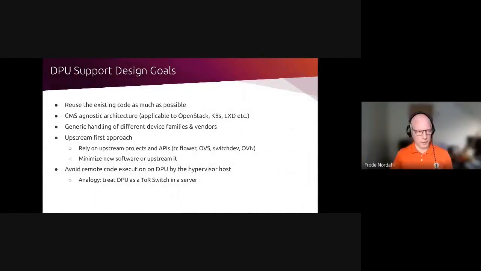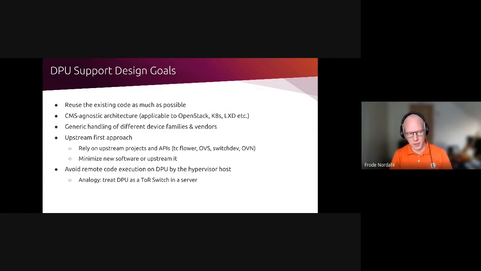All right, let's talk a bit about our design goals when working on this. We wanted to reuse as much existing code as possible. When you think about it, in the DPU case, although the topology is quite different, the components involved are the same as with the offload architecture.